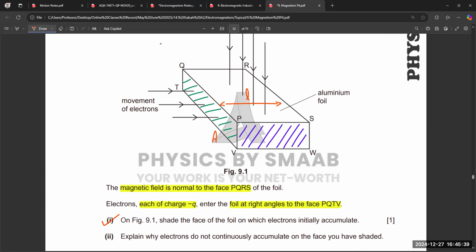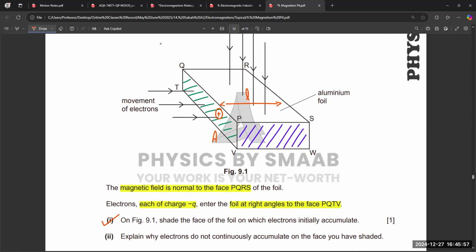This is the area through which the electrons are moving, and this side becomes positive or negative? Negative, right?